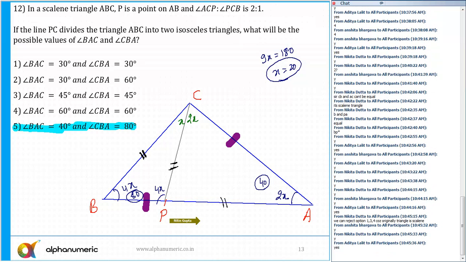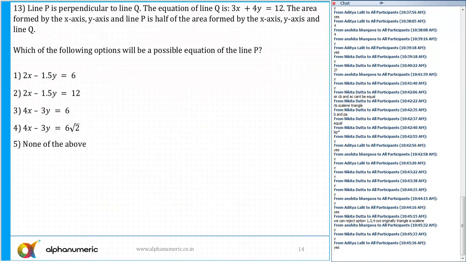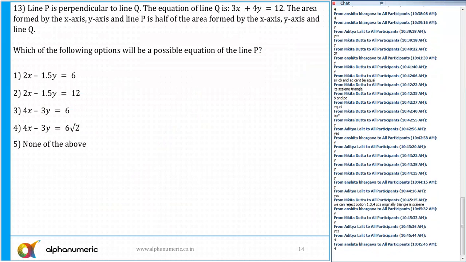Okay, so let's move to question number 13. What is the answer for question number 13? You can see there were two questions on coordinate geometry. Even before that, in XAT 2019 also there were two questions of coordinate geometry. So I'll suggest for coordinate geometry, they are usually easy.